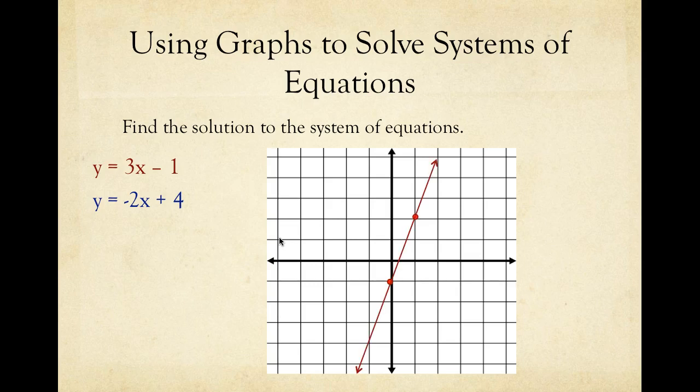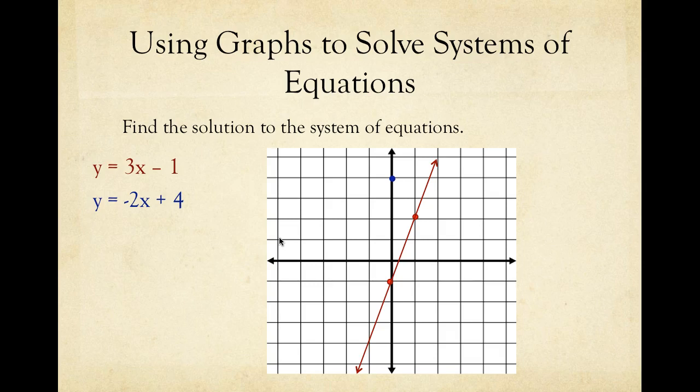For the second graph, what is the y-intercept? It's (0, 4). So I first plot the point (0, 4), and my slope is -2.